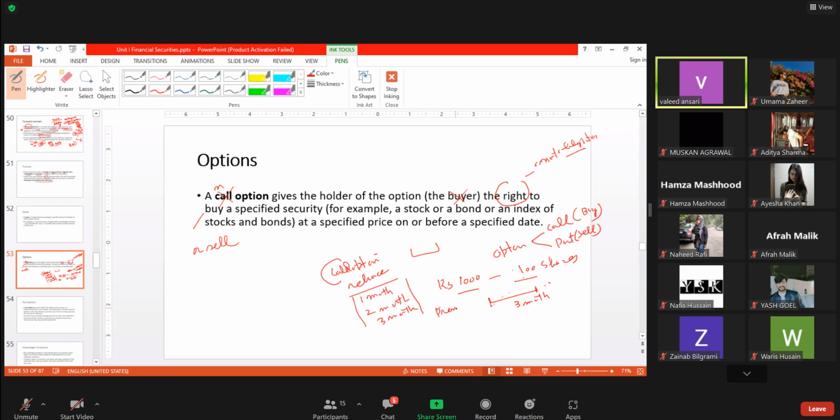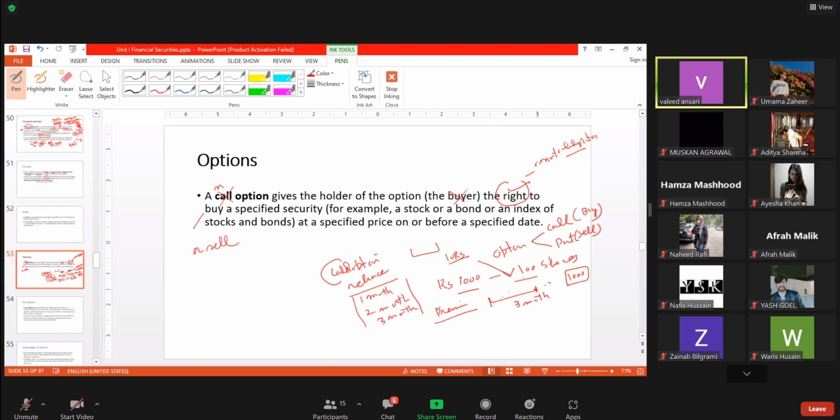The right which is provided is not free of cost; a price is paid for it. Maybe let us say 10 rupees per option, just an example. It means that if you have bought 100 shares, you have to pay upfront 1,000 rupees. Or let us say 50 rupees. There is a method by which the option premium is calculated for providing this right.